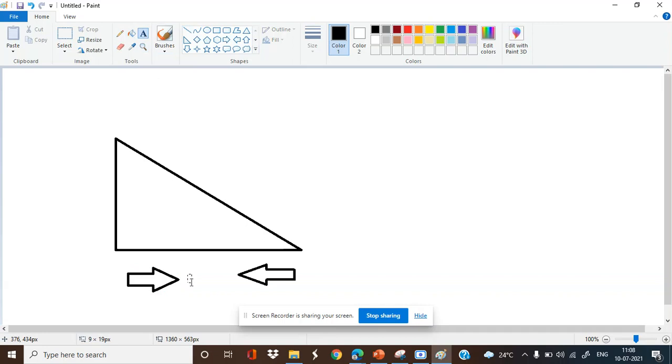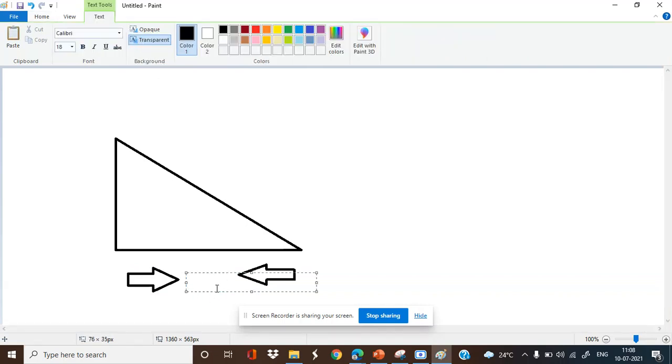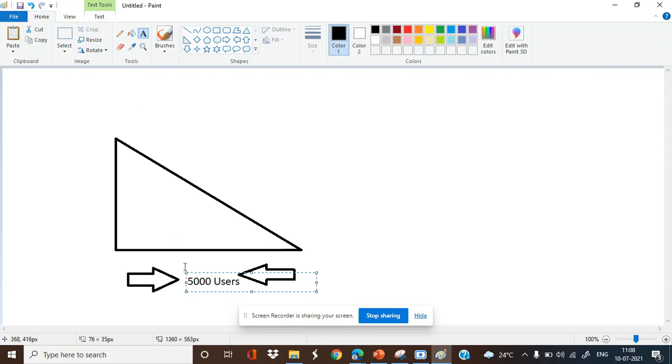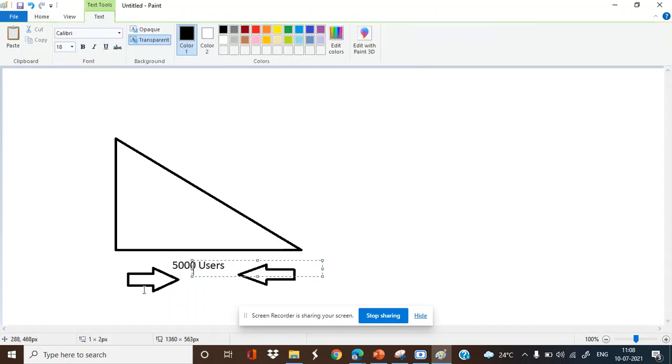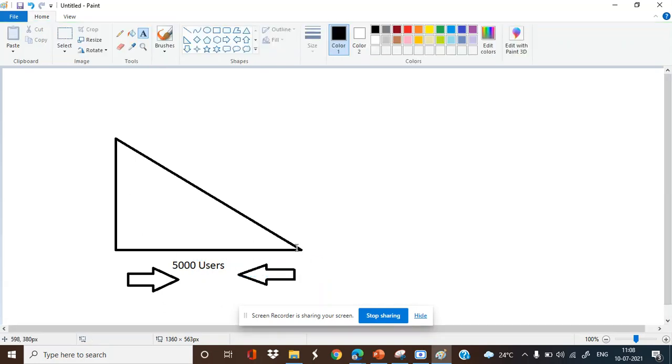Let's take it that the application supports around 5,000 users. After this, there is a breakpoint.